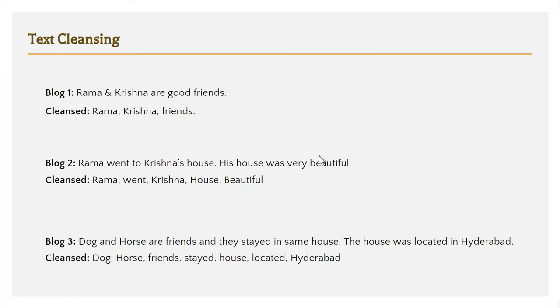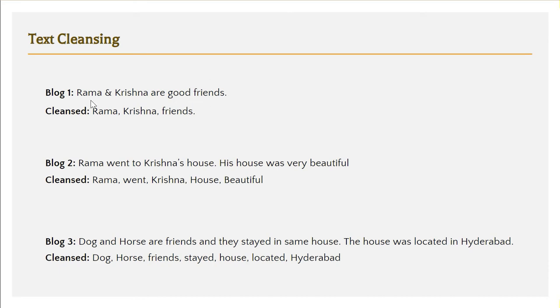Let's see what that means. Our blog post one is: Rama and Krishna are good friends. We'll try to remove all the words which are not related to the particular topic we are talking about. So what is the topic in blog 1? Rama could be one topic and Krishna could be one topic because we are talking about Rama and Krishna here, right? And we are also saying something about friendship.